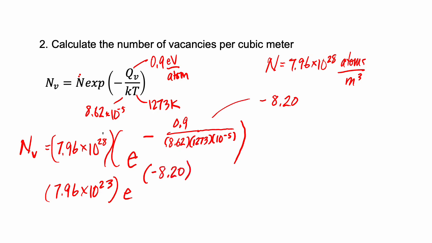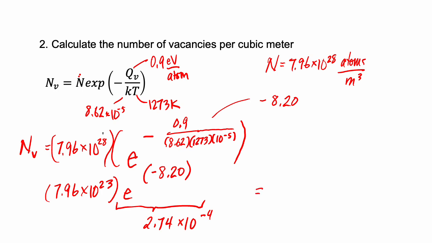I'm breaking this down by step just so that you can check and make sure you know how to do an exponent on your calculator. So e to the negative 8.2 should end up being equal to 2.74 times 10 to the negative 4.